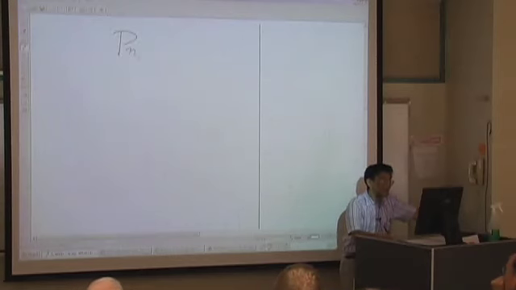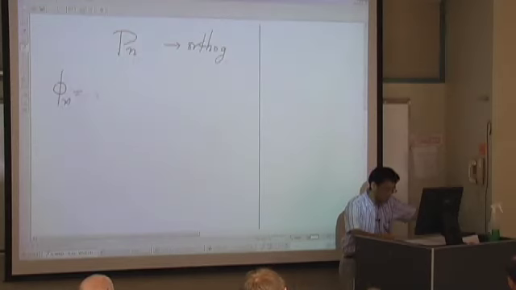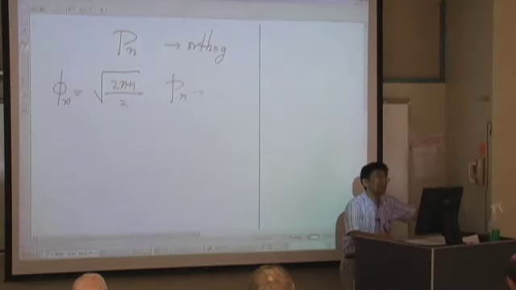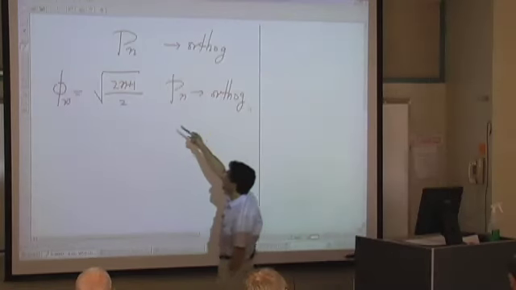Assume that Pn is found, then this is an orthogonal basis. It's not orthonormal yet. Then how can you make it orthonormal? The only thing that you need to multiply is this one. You multiply the square root of (2n plus 1) over 2. Then it's orthonormal. So once the orthogonal function is found, then you can easily determine it.